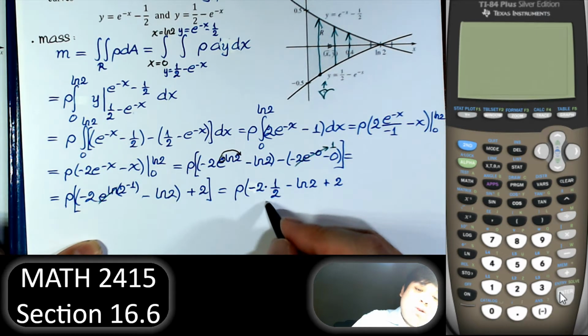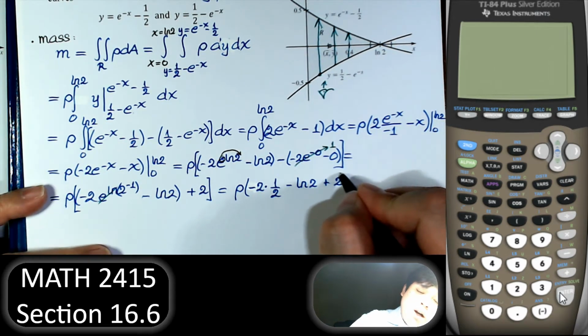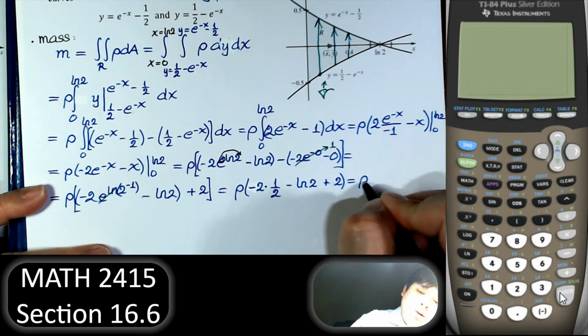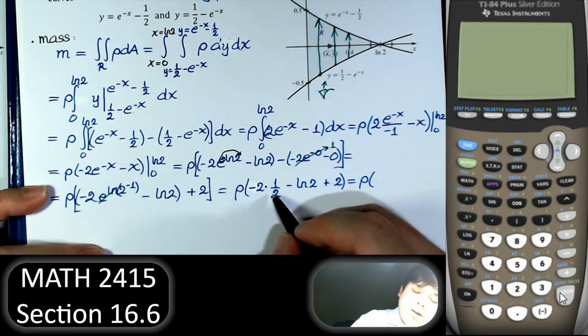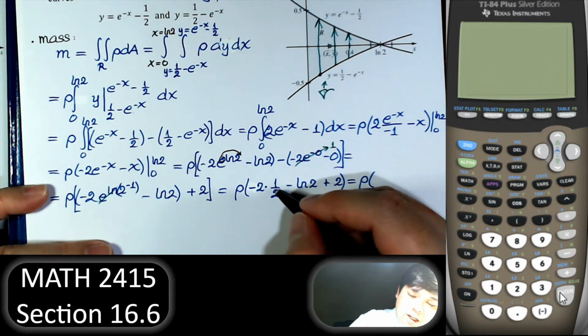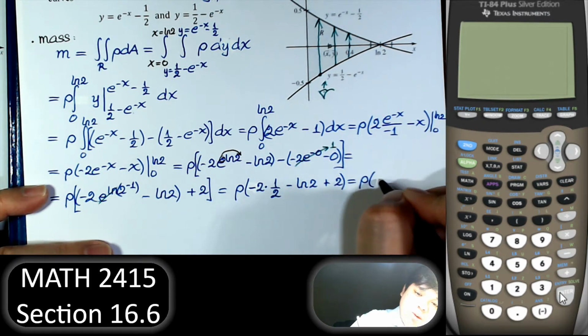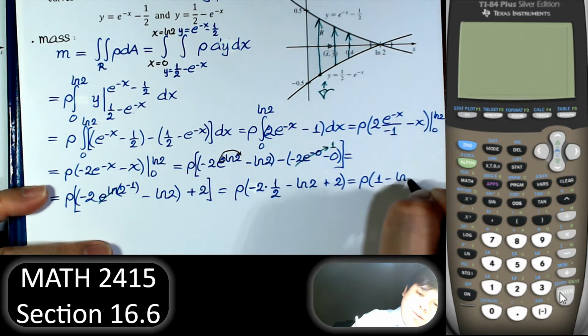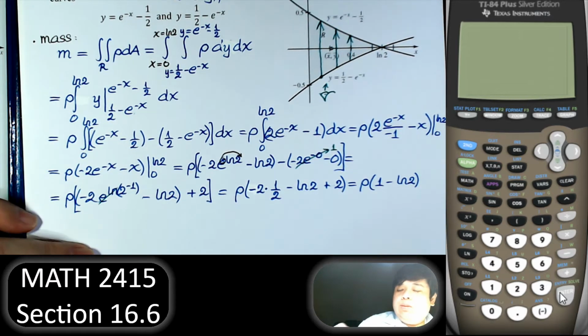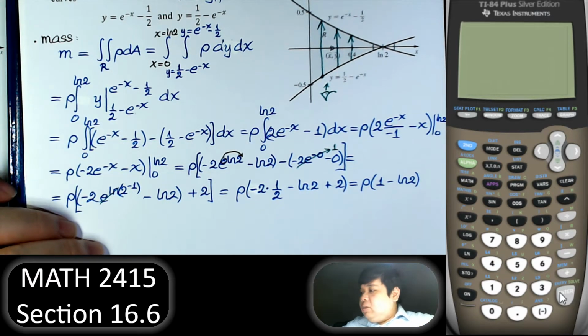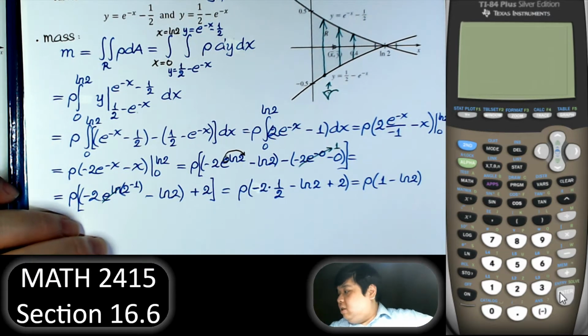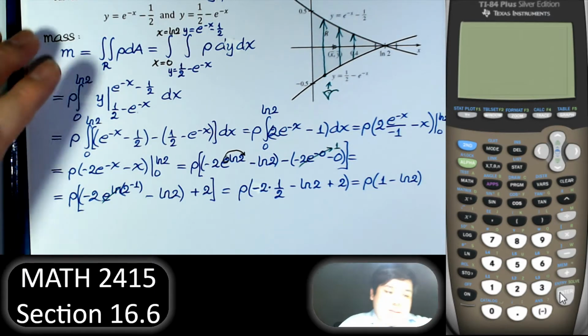That cancels to negative 1, plus 2 is 1. So rho times (1 minus ln of 2). So that is the mass.